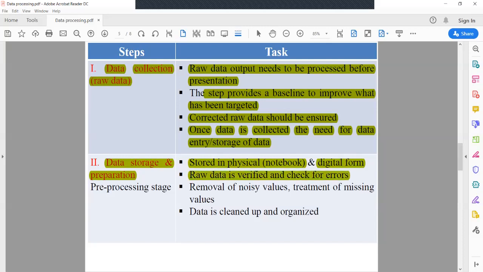If there are certain values which have an adverse effect on the overall result of the study, remove that data or value. If there is a missing value, treat the missing value. In this step, data is cleaned up and organized.